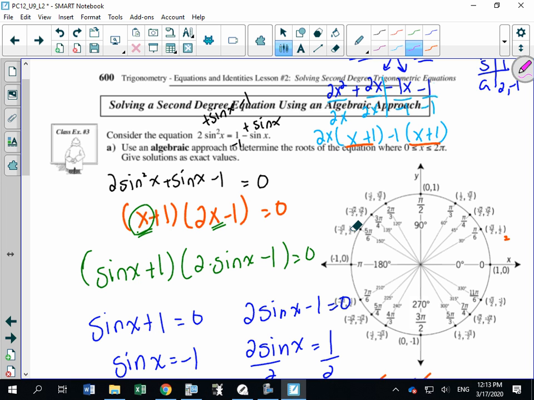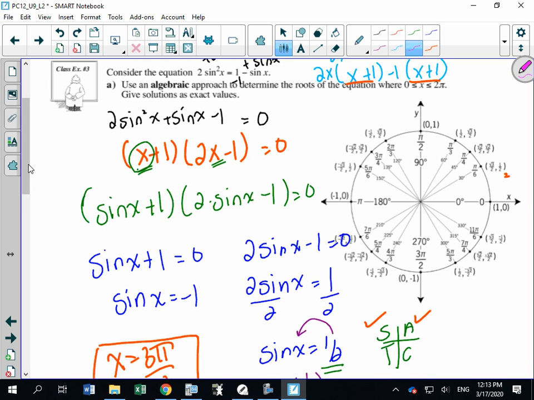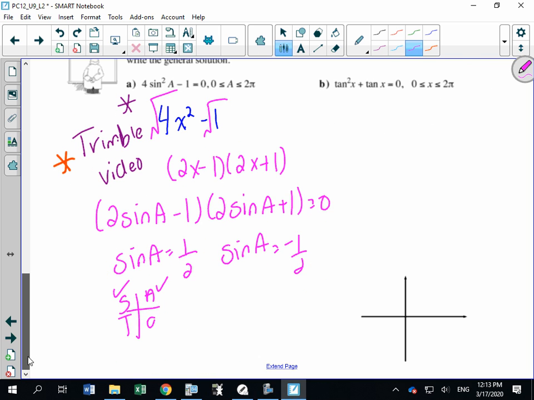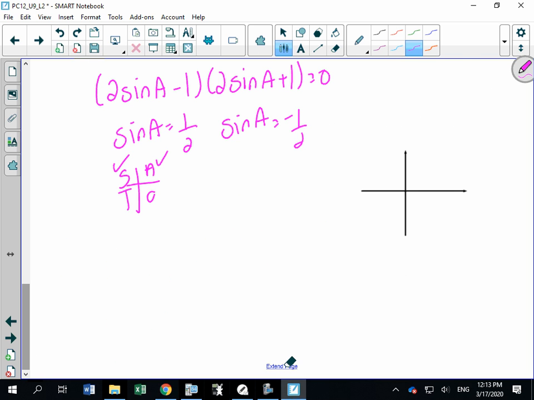Where is sine equal to negative 1 over 2? That would be 11 pi over 6 down here, and this guy here, 7 pi over 6. Okay. So your solution for this would be A is equal to pi over 6, 5 pi over 6, 7 pi over 6, and 11 pi over 6.